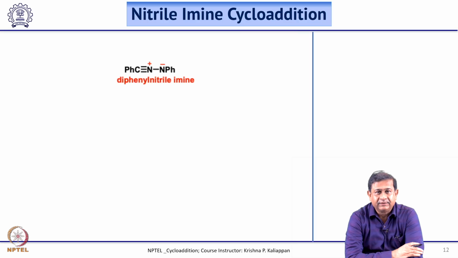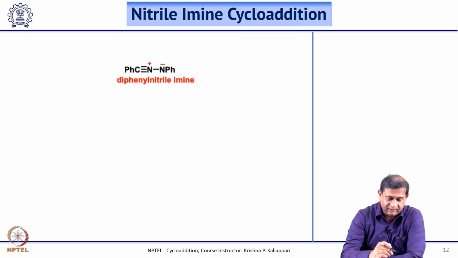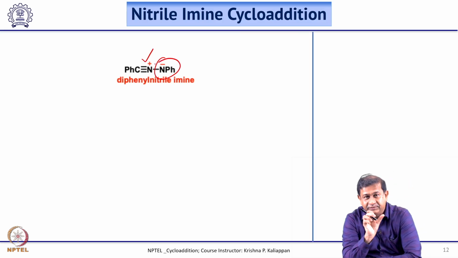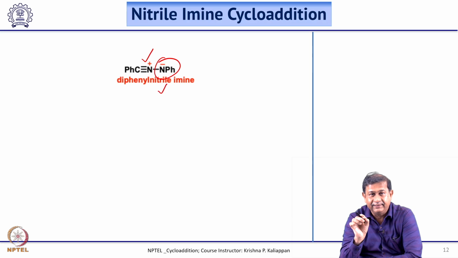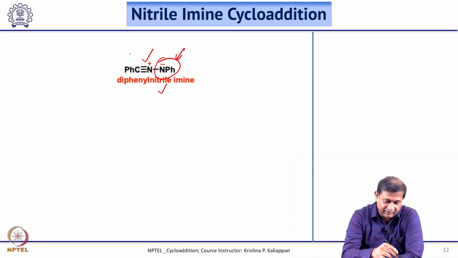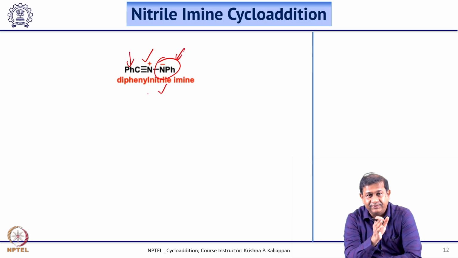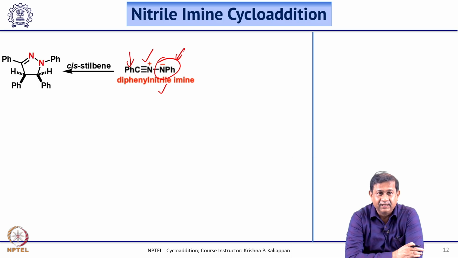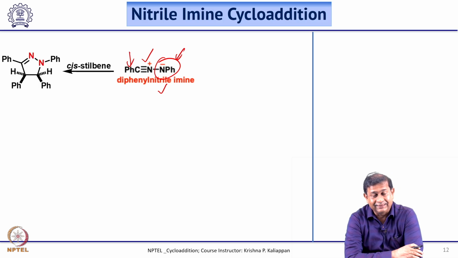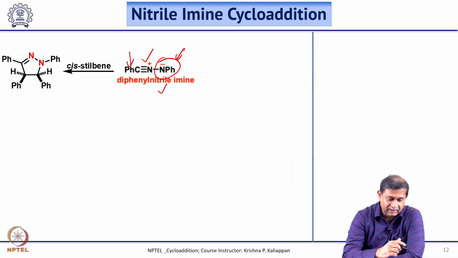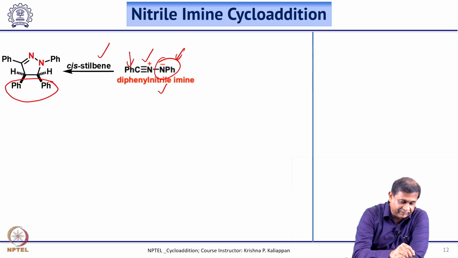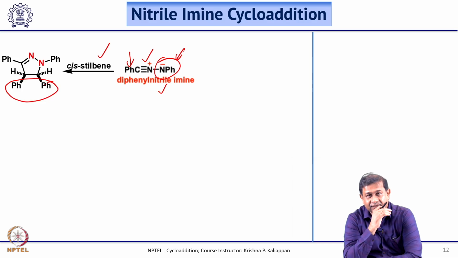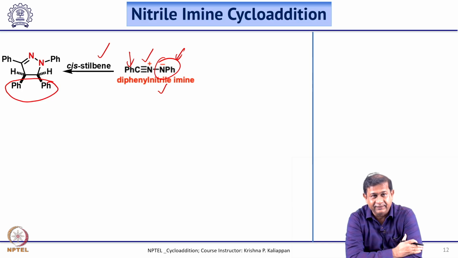Okay, let us see a very simple example where you can see this is benzonitrile and this is aniline. So now the whole thing is called diphenyl nitrile imine. This is one phenyl, this is the second phenyl, and this is diphenyl nitrile imine. And this can undergo intermolecular 1,3-dipolar cycloaddition with cis-stilbene, and the same cis nature of stilbene is retained in the product.